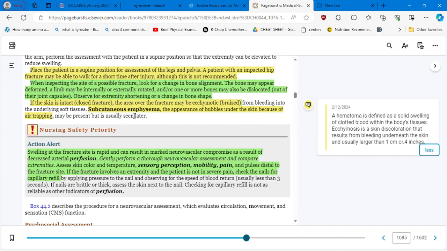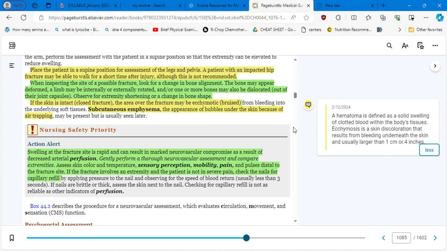Then we have subcutaneous emphysema, the appearance of bubbles under the skin because of air trapping. That's subcutaneous emphysema. So right there we have many concepts: avascular necrosis, fat embolism syndrome.